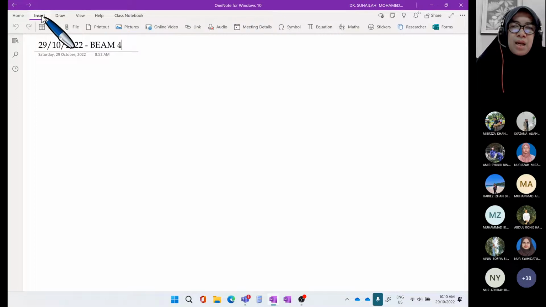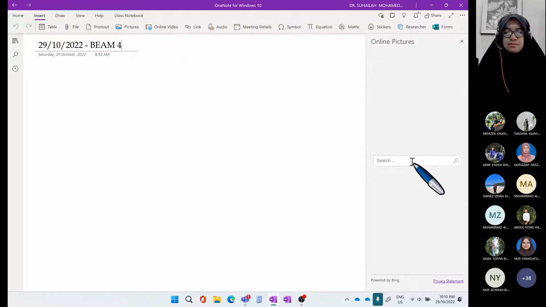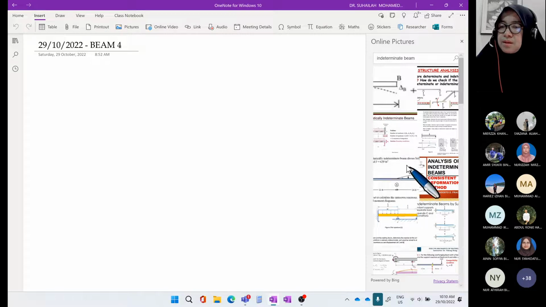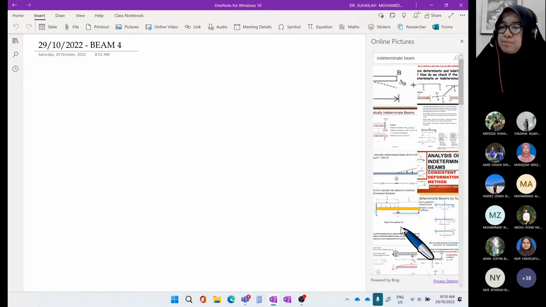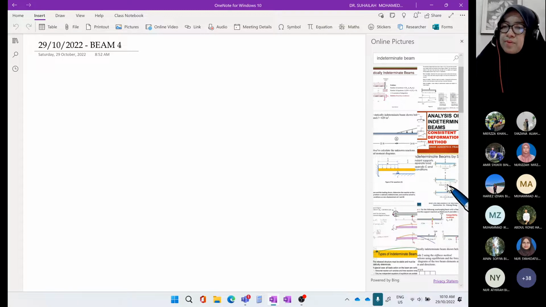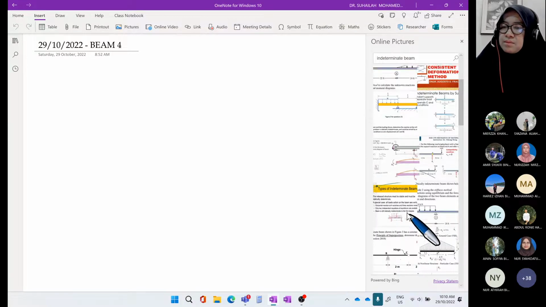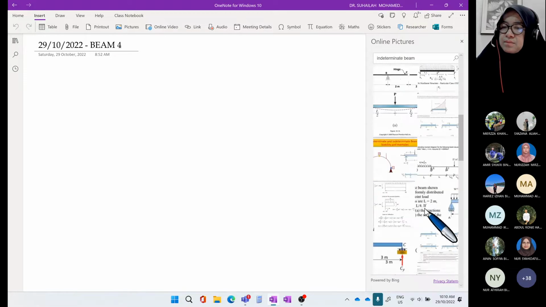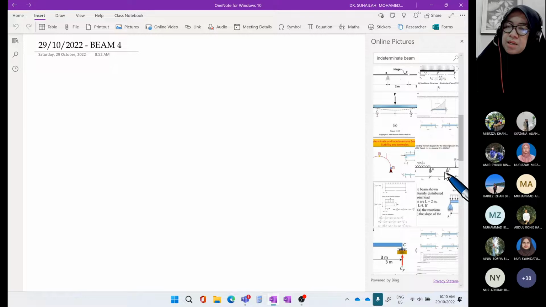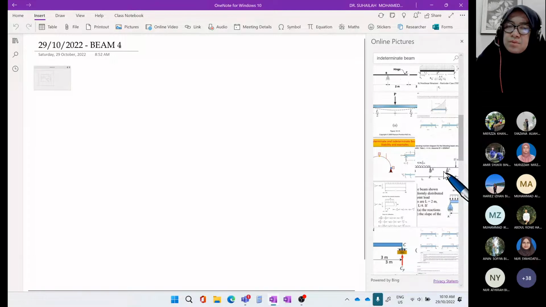Let's see if there is a question we can insert here. Indeterminate beam. This one has one redundant. How many is this? 1, 2, looks like 3.